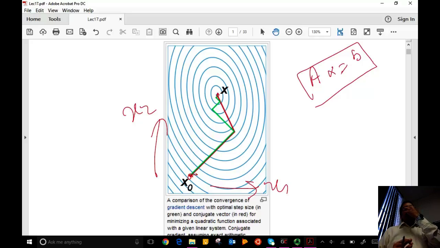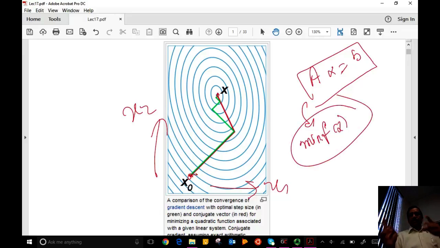Okay, so the key ideas, let me lay out, and then we'll go through the algorithmic details. The key idea is we converted this problem into a problem of minimizing this function. Minimizing that function is the same as solving that equation. So that function has contours like this with a minimum somewhere.